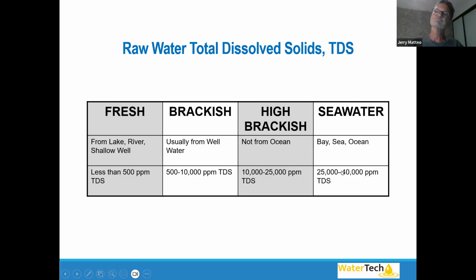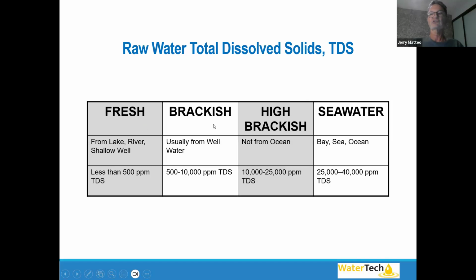It can have up to, I say here 40, but I think there's some places around the world you can have up to 50,000 parts per million of dissolved solids, most of it being sodium chloride. So this would be defined, when we get up this range here, 25,000 above, as seawater. I know in some of our applications, we're taking water from a lagoon, so we've got brackish water.